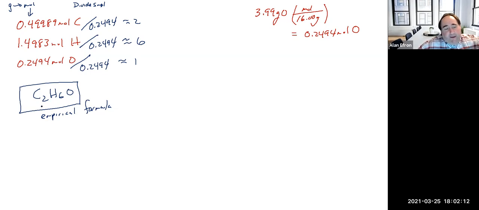The empirical formula doesn't really tell us necessarily what the compound is. By the way, since this is ethanol, it is sometimes also written like this in terms of the formula. Sometimes chemical formulas are written this way, where it doesn't give you any information about how everybody's hooked together. Sometimes they're written like this, which gives you a little more information about how it's actually hooked together.